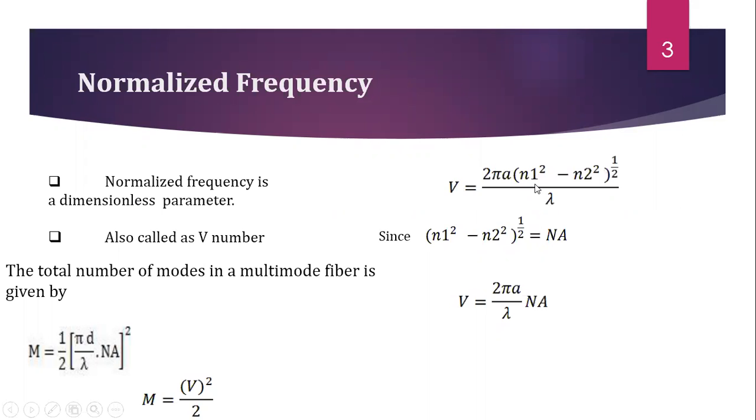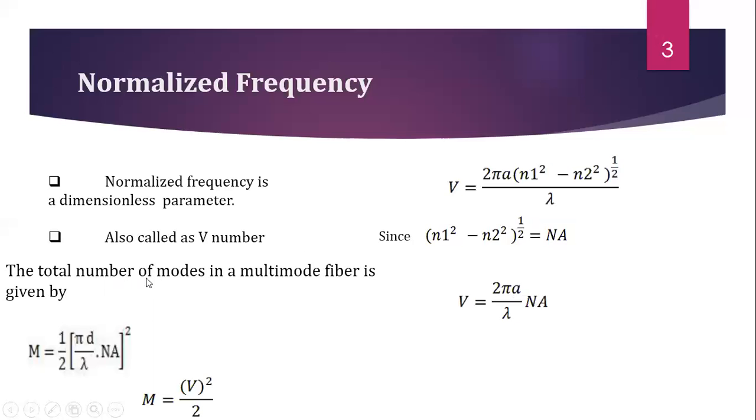Using Snell's law, we know that root of N1 square minus N2 square is nothing but the numerical aperture, NA. Substituting this value in the expression, we get the normalized frequency V is equal to 2 pi A divided by lambda into NA.